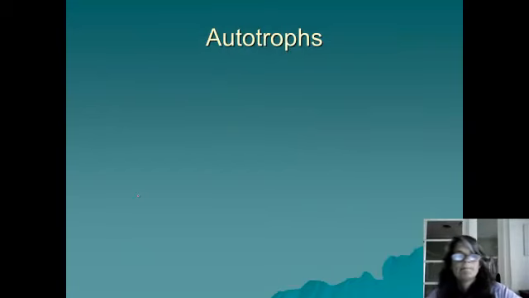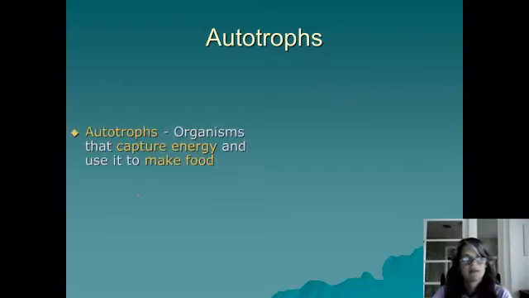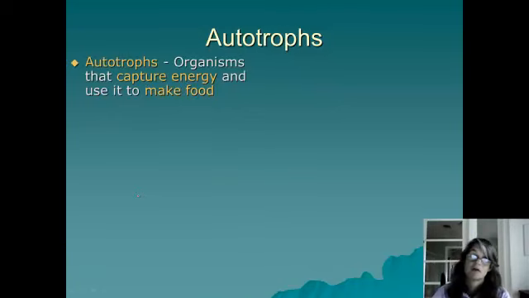Now, we're going to talk about some different ways of getting energy. Let me rephrase that. Ways of getting food energy into our bodies, chemical energy into our bodies. Autotrophs get chemical energy into their bodies by capturing energy and then using that energy to make food.